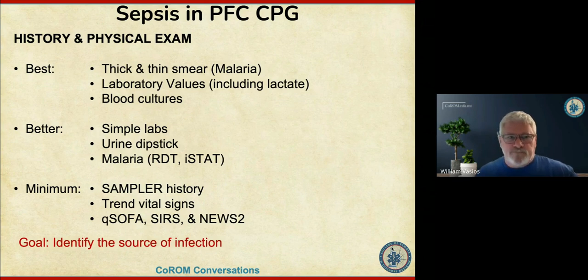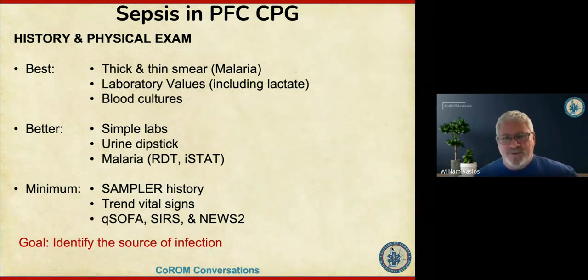And then if you're in a malaria endemic area and you have a really sick patient, guess what? It's malaria until proven otherwise. And it's probably still malaria. Just because you don't see it on the thick and thin smears, that may be operator error.